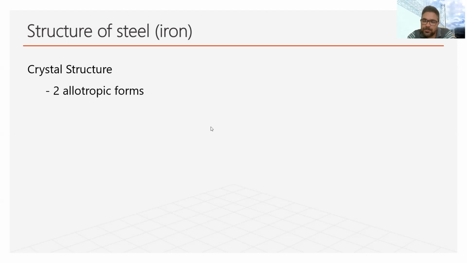Well, pure iron, when it is heated from room temperature to its melting point, undergoes several crystalline transformations, and it basically exhibits two allotropic forms. These two allotropic forms are body-centered cubic crystal and face-centered cubic crystal.